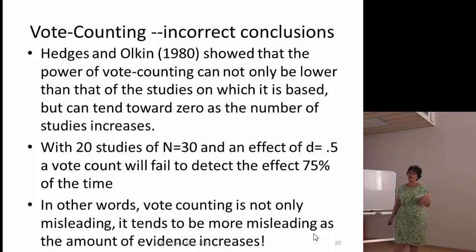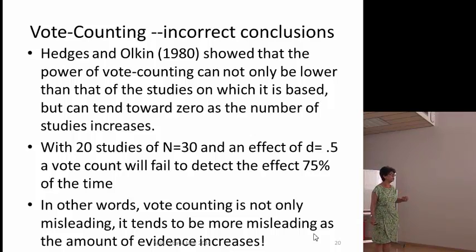And this is a very bad thing statistically: power to reach the correct conclusion would actually go down the more studies you had in an analysis. So in other words, if you had enough studies done with sufficiently low power, you could be absolutely confident and wrong at the same time.